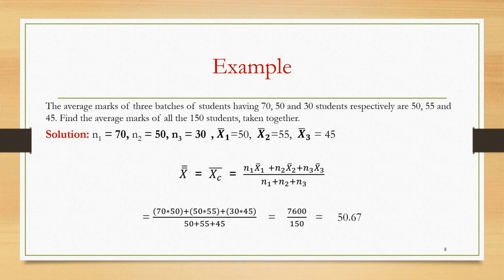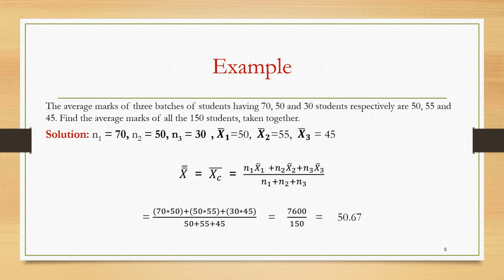First group consists of 70 students and their average marks are 50. Second group consists of 50 students and their average marks are 55. Next, the third group consists of 30 students and their average marks are 45.